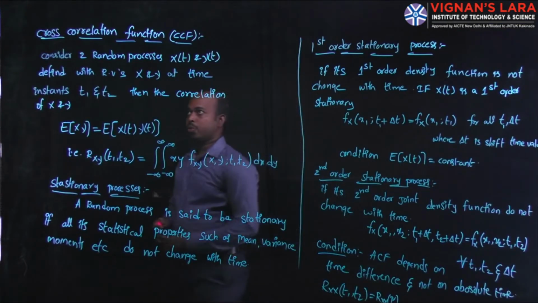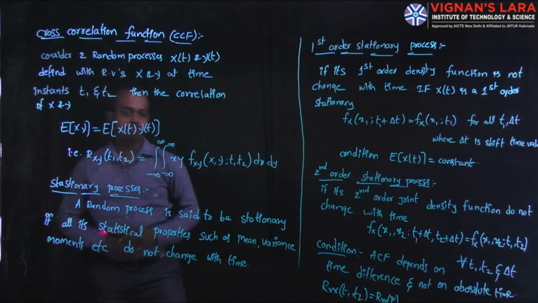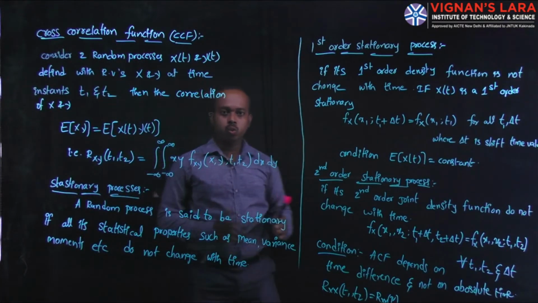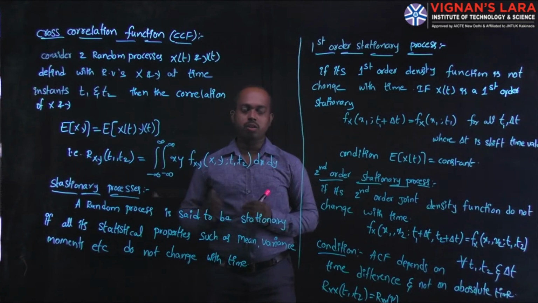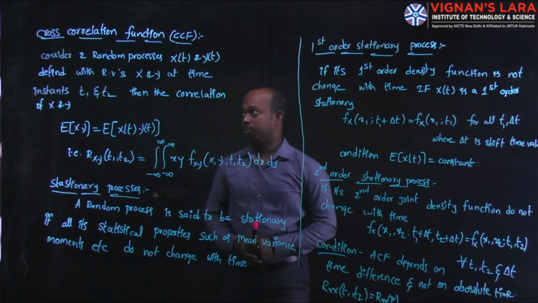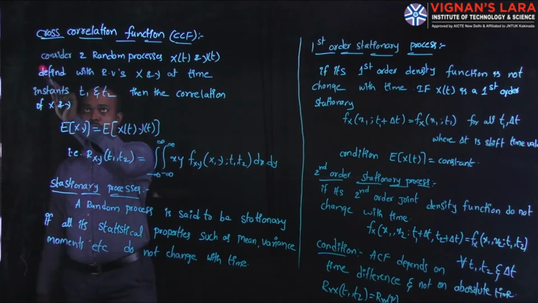Coming to the next topic, it is cross correlation. The cross correlation function. Here you can consider two different random processes. The function of correlation between them is called the cross correlation function. For finding this cross correlation function on random processes, we need to consider two random processes.